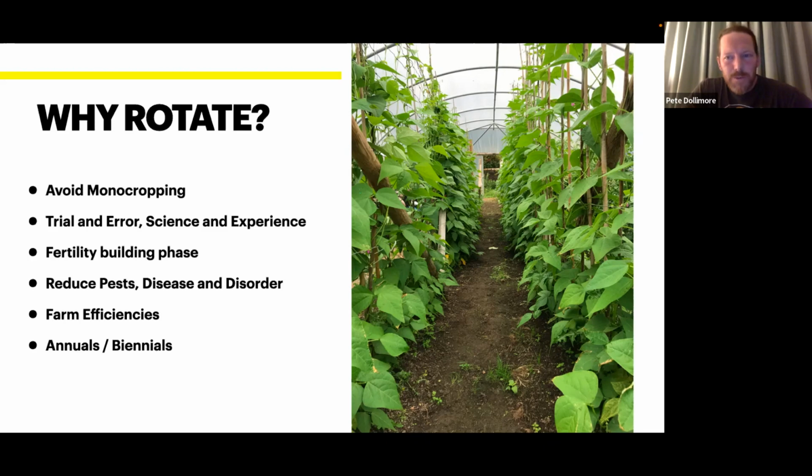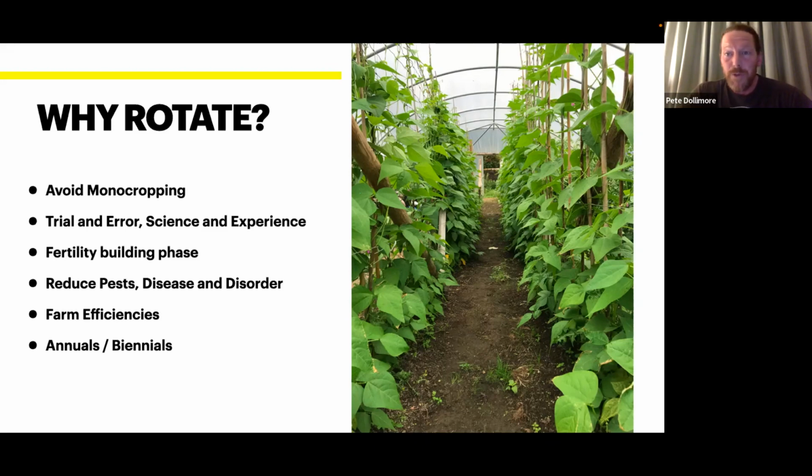Having a fertility building phase is very important in organic agriculture, and in glass houses it's difficult to justify that because they're an expensive use of space and often very labor intensive. So growing a load of clover in a greenhouse is difficult to justify. Obviously over time we're reducing pest, disease and disorder.